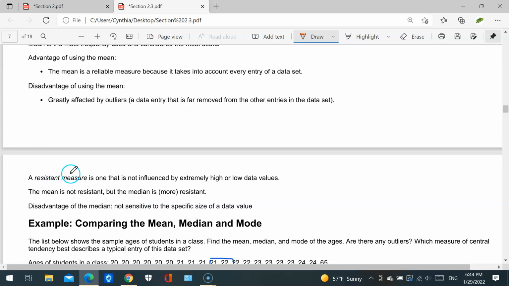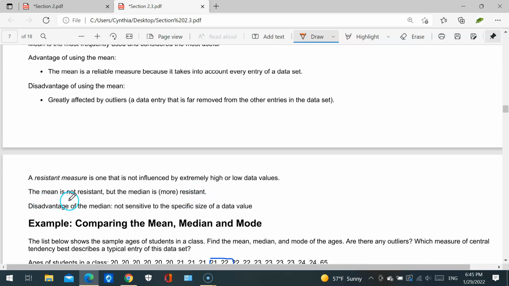A resistant measure is one that is not influenced by extremely high or extremely low values. Therefore, the mean is not resistant, but the median is resistant. The median never gets affected by the outlier because it just focuses on the middle.